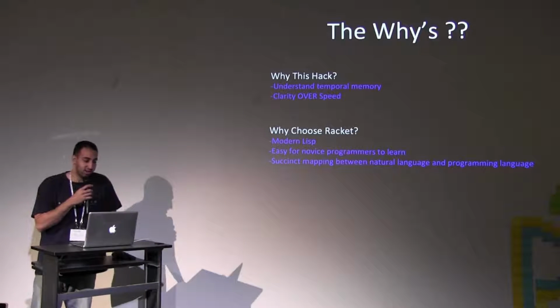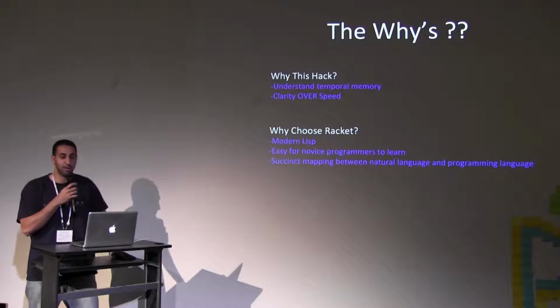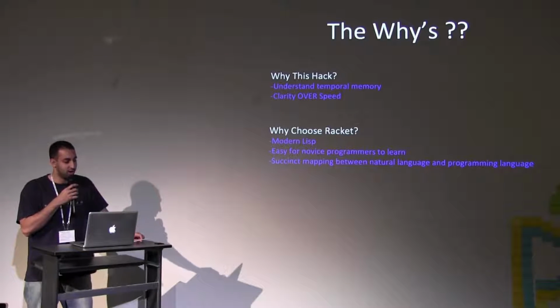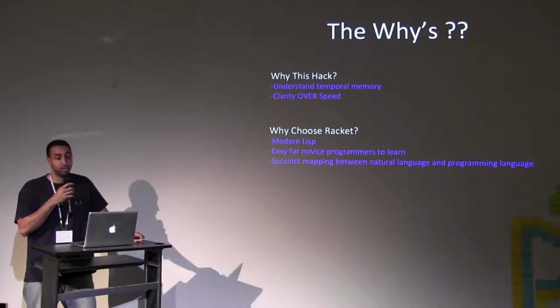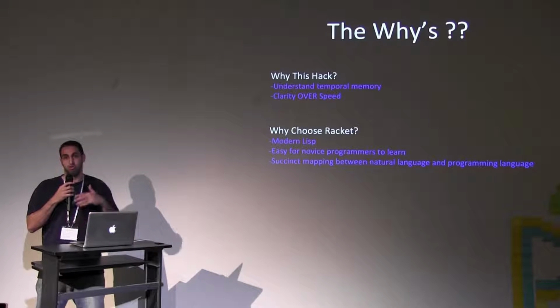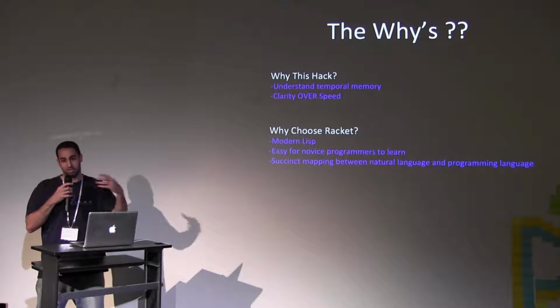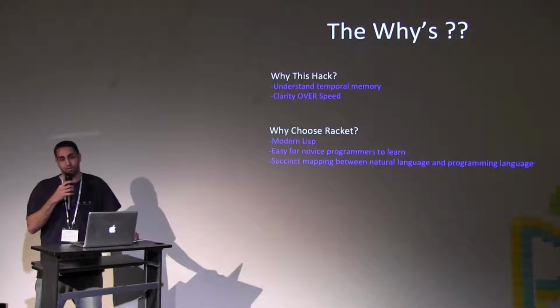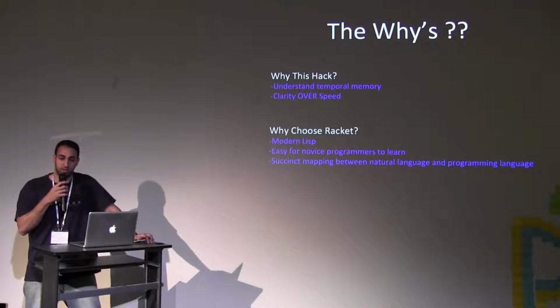The reason I like Racket is, we had a presentation on Clojure, which is also another modern Lisp. Racket is being used right now across many middle schools and high schools as their first programming language, so a lot of students are getting into this language very young. I also consider myself a novice programmer.